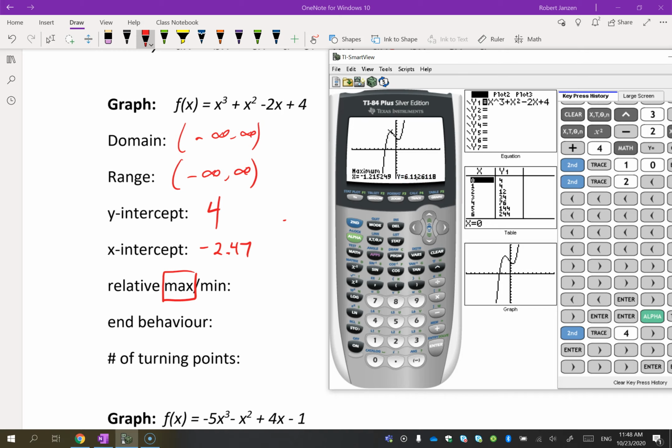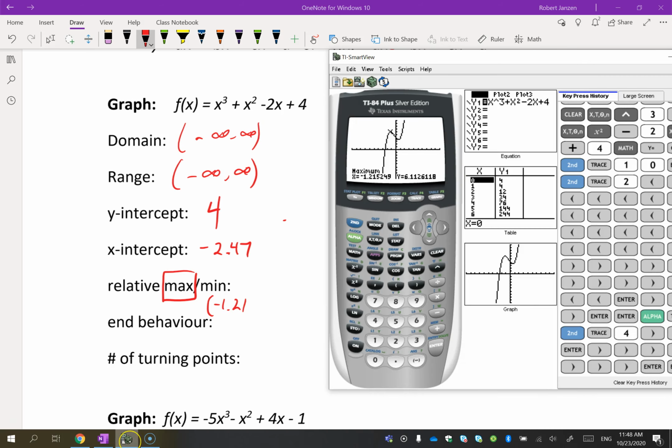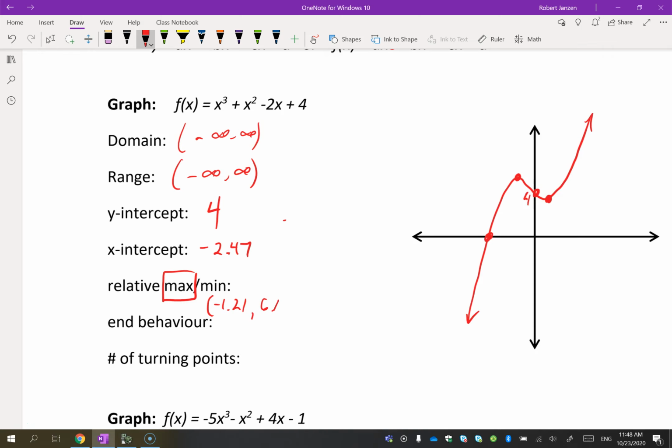Okay, so I'm going to write negative 1.22, comma 6.11. Now the max is 6.11, but I'm going to put it as a point.